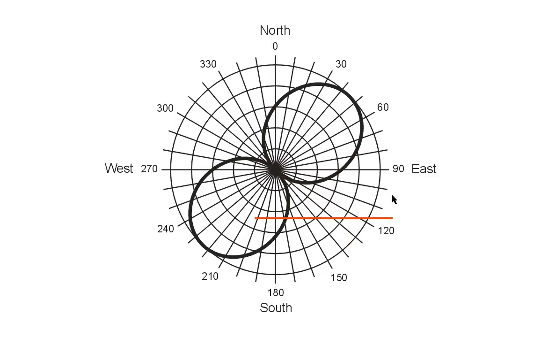We can draw this red line as reference pointing straight east. An intermediary amount of radiation comes out of this antenna. So that is, in fact, the general radiation pattern for this antenna.